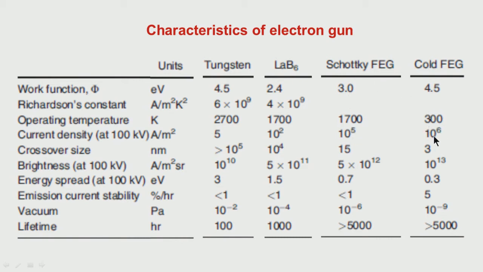But the crossover, where that beam is, decides the current density, which is important for many applications. Here the crossover is quite large, 10 to the power of 5 nanometer or more, whereas it is 10 to the power of 4 for LaB6. Here it is only 15 nanometer. You can see the order of size. Here it is 3 nanometer.